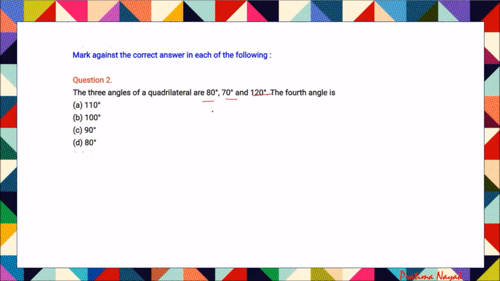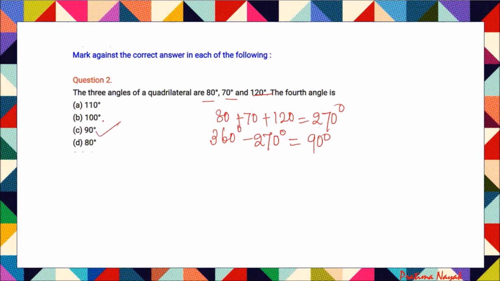Find the fourth angle. How to do? Take the sum of all angles. If we add them, this will be 270 degrees. Then subtract from 360 degrees. So 90 is the answer.